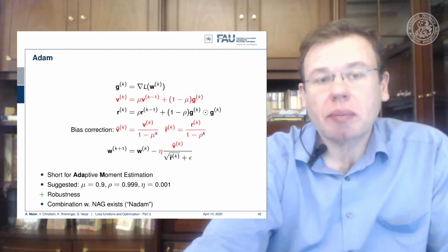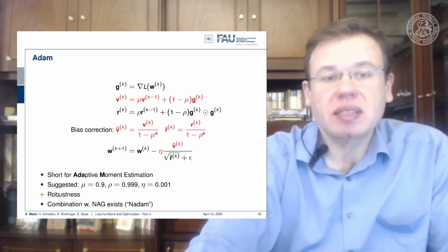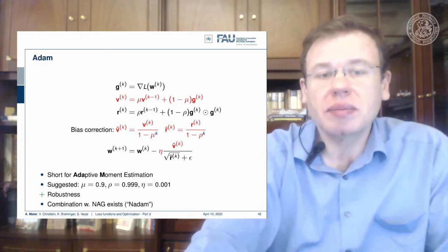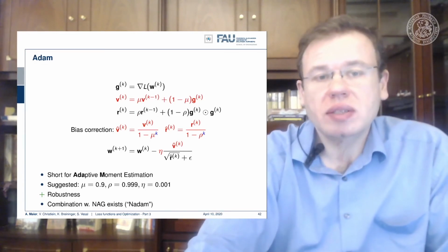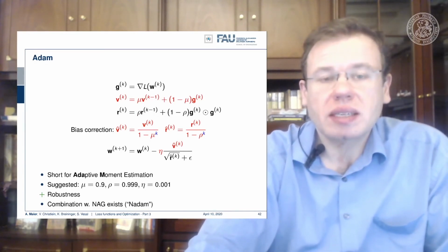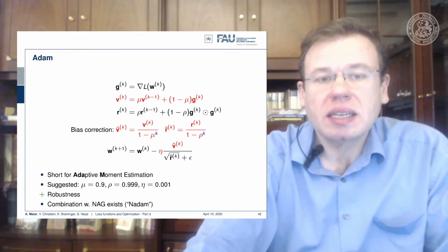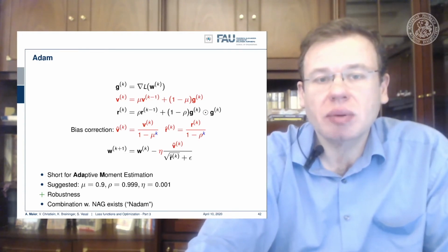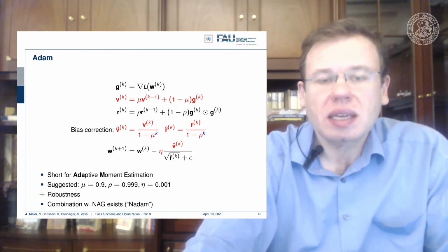One of the most popular algorithms that are being used is Adam, and Adam is essentially also using this gradient direction in g. Then you have essentially a momentum term. So here v_k is the momentum term that is introduced for the gradient. Then you have this r term that is again trying to steer the learning rate for each dimension individually.